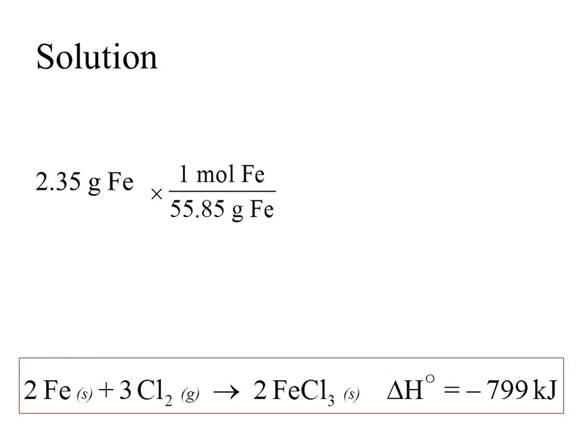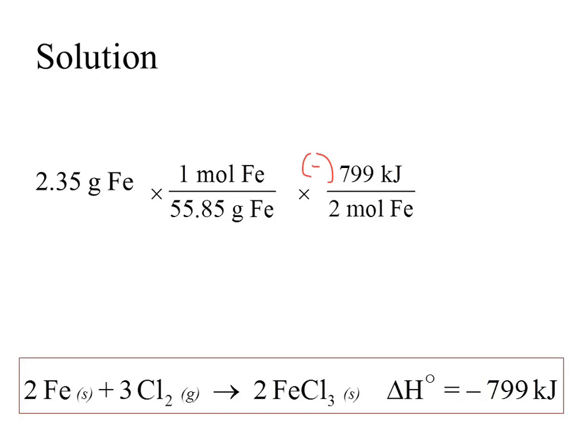Then we're ready to insert that ratio you saw on the previous slide. That's 799 kilojoules of energy released for every 2 moles of Fe. Now, I'm going to finish this the way it is, but honestly, if I were working this problem, I probably would put a negative sign right there. Why? Because it was energy released.